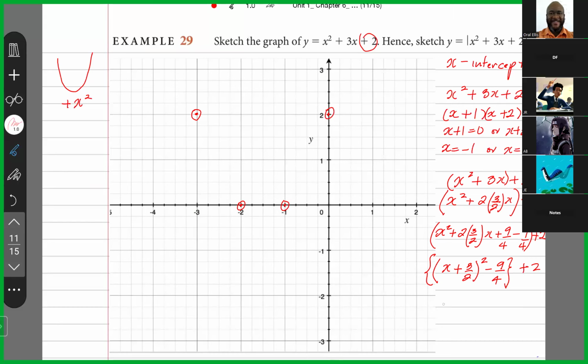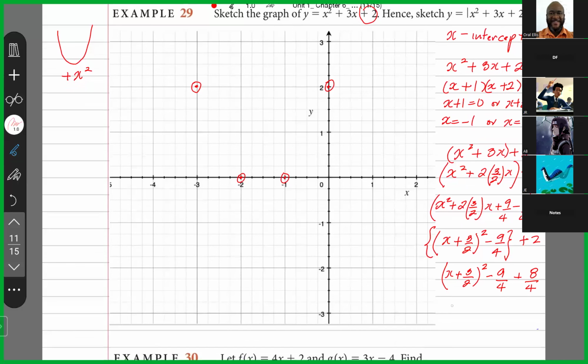And this turns out to be x plus 3 over 2 squared minus 9 over 4 plus 8 over 4. 2 is the same as saying 8 over 4.